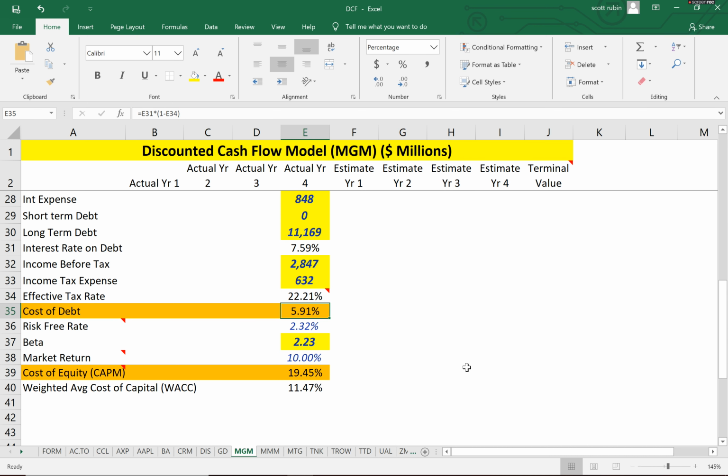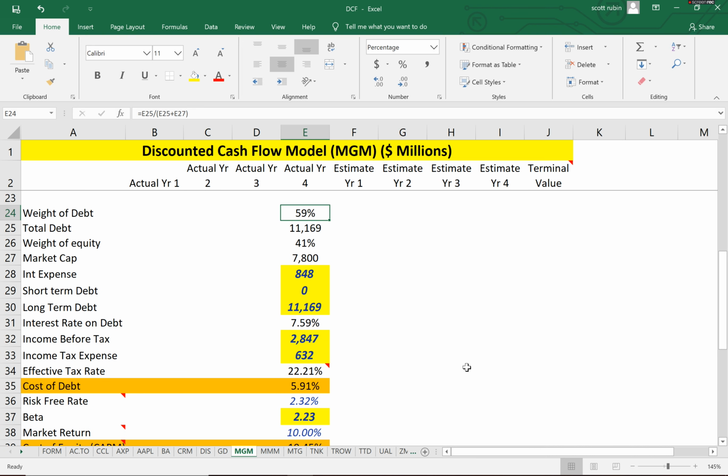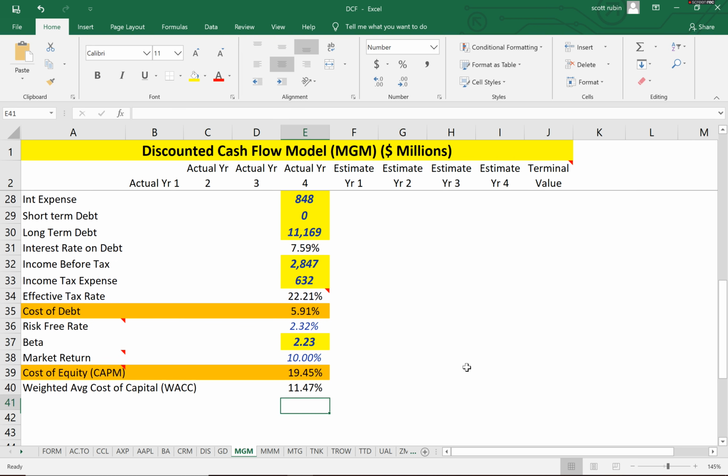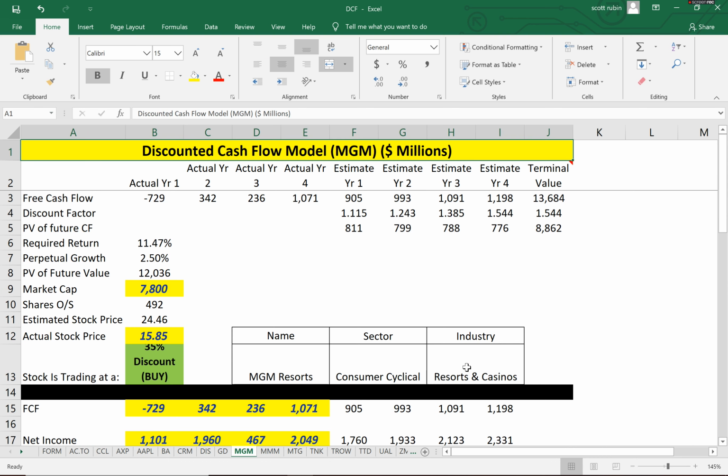And the way we blend these together, the cost of debt and the cost of equity, is we look at the percentage of debt, 59% debt, 41% equity, and then we combine those with the rates here, and then we get a weighted average cost of capital of 11.47%, which is higher than most companies. And that's what we have to discount the future free cash flow by to figure out the value of the stock today.